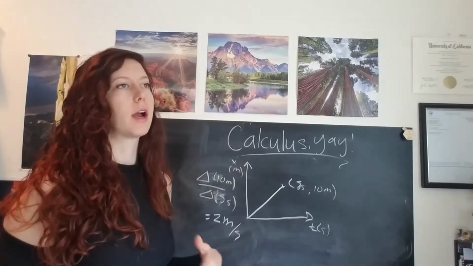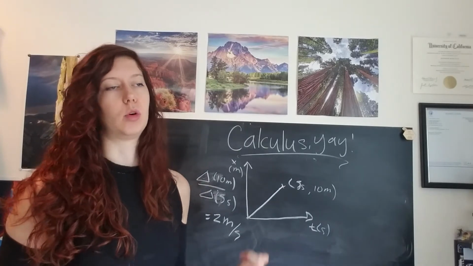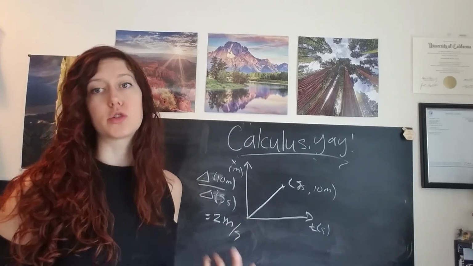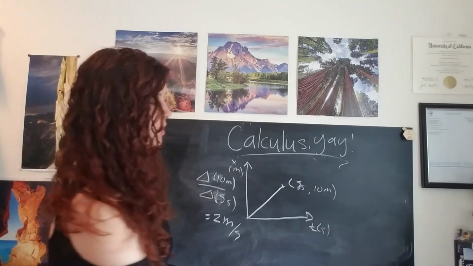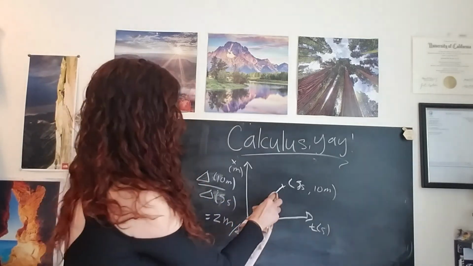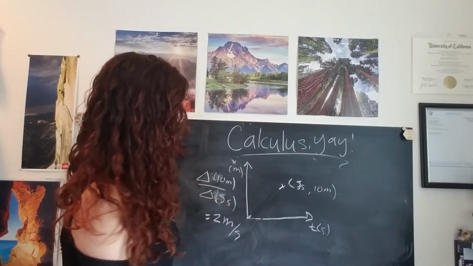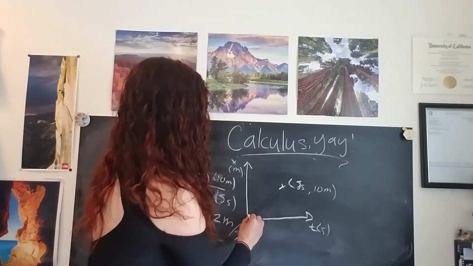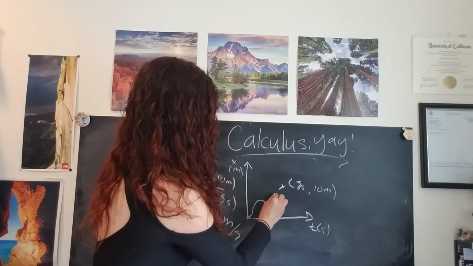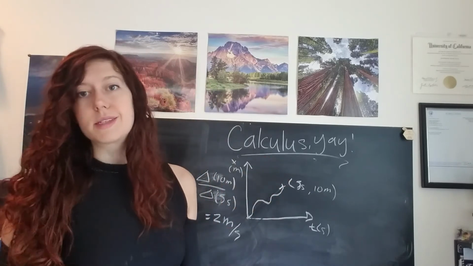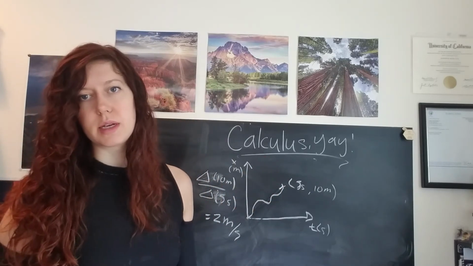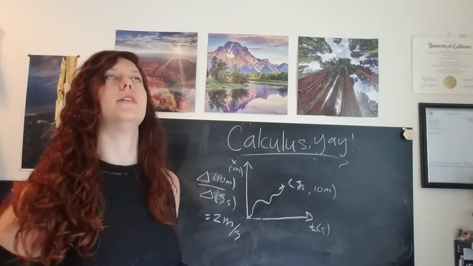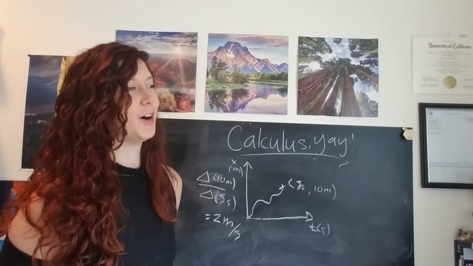So this is kind of like a quick and dirty example of what you would do before you started taking derivatives. So to take a little bit more complicated example of why we would need calculus, let's say instead of a constant rate, I'm kind of walking all over the place. I stop at some point and smell the roses, and then other points I'm like, oh, I'm late, I'm gonna miss my train.